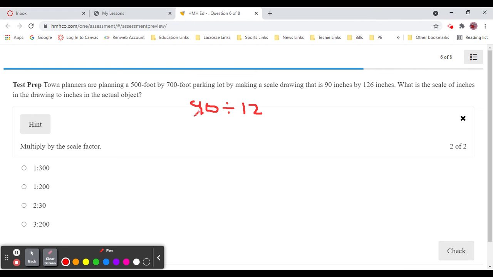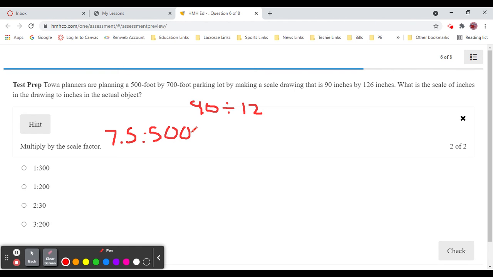So right away, that tells me I'm dealing with 500 actual and 7.5 in scale. So 7.5 feet in scale and 500 in actual.